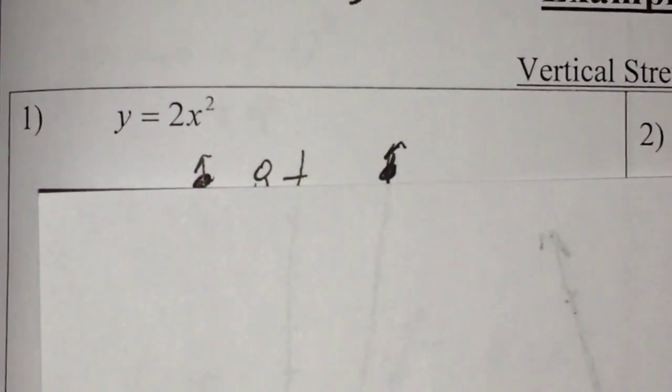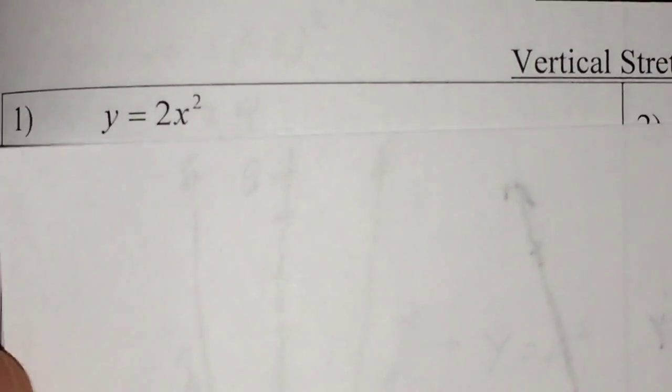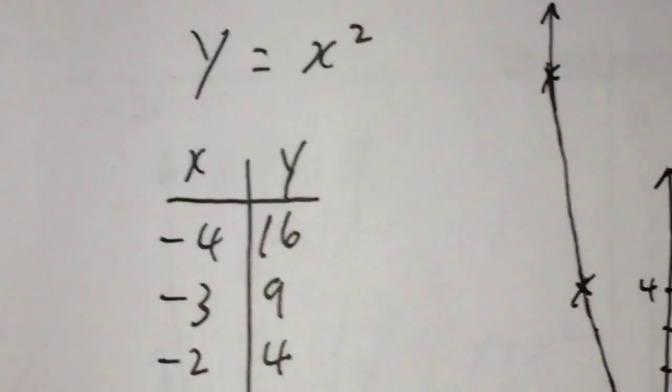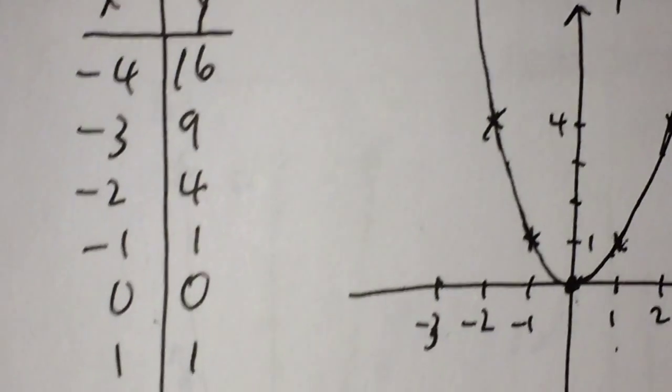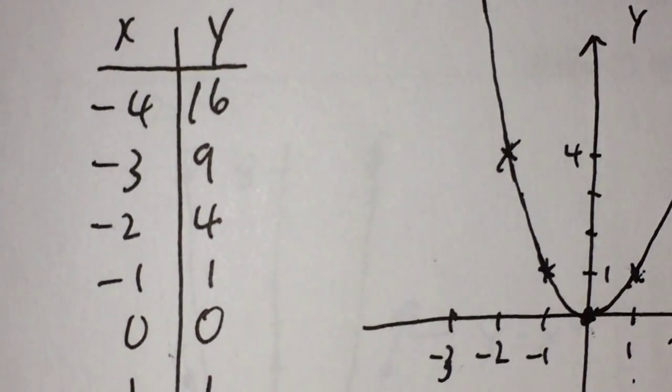Sorry for the bouncy camera. So y equals 2x squared: if you look at y equals x squared here, it's this one where every y value has been doubled, as in that table of values.